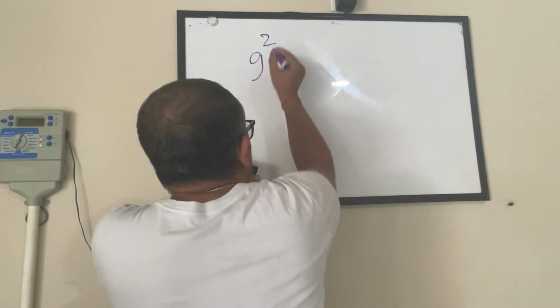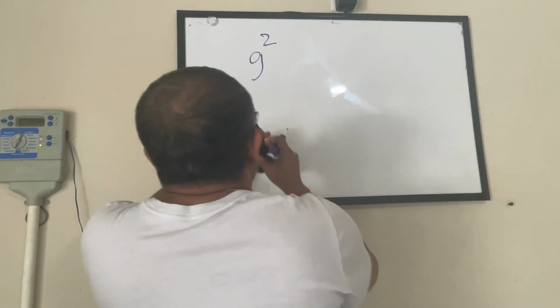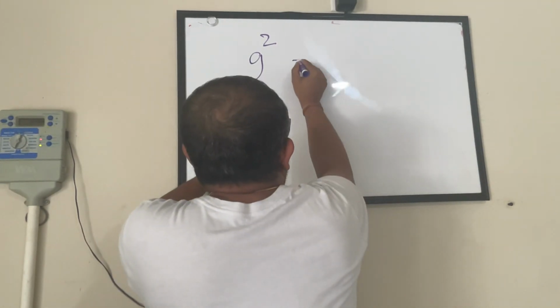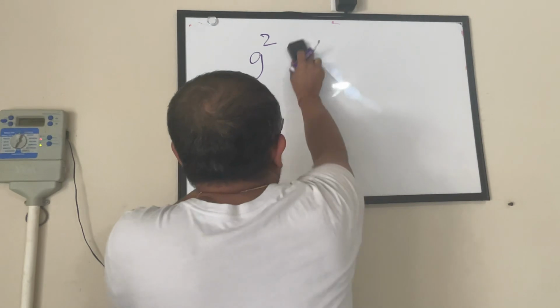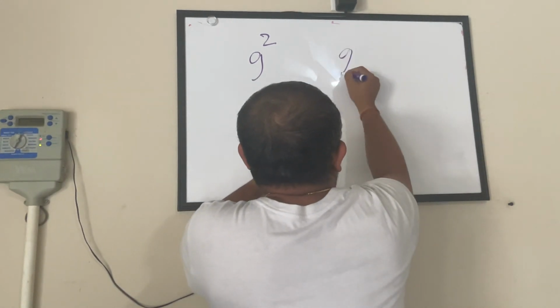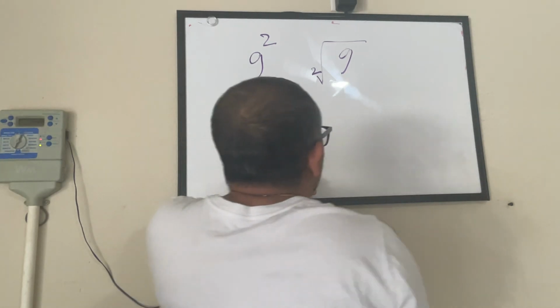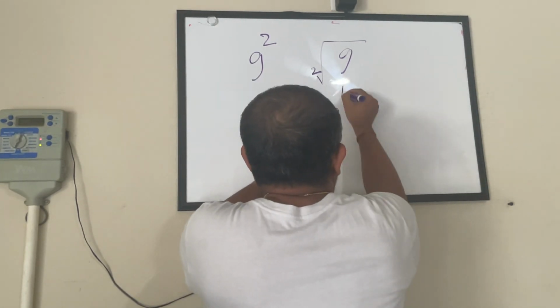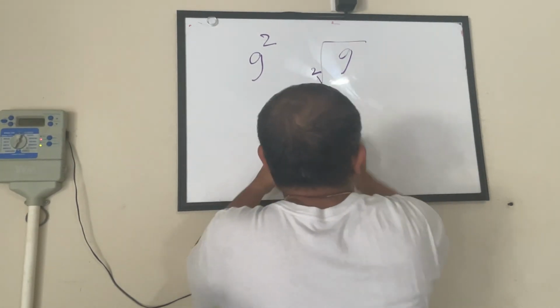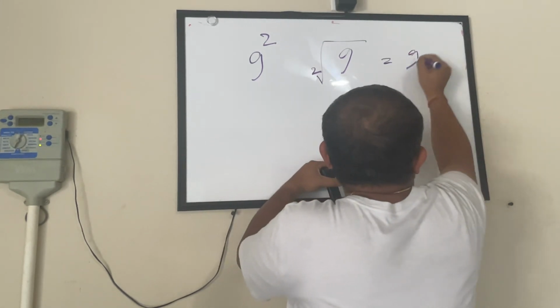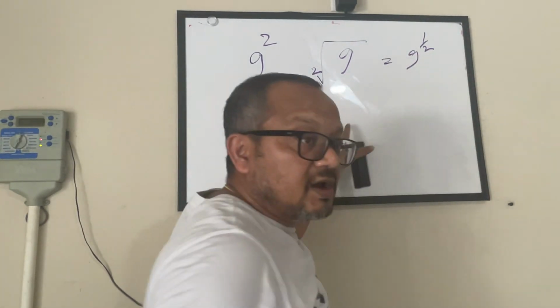9 squared is one exponent. If I say 9 square root or 9 to the power 1 by 2, both are the same.